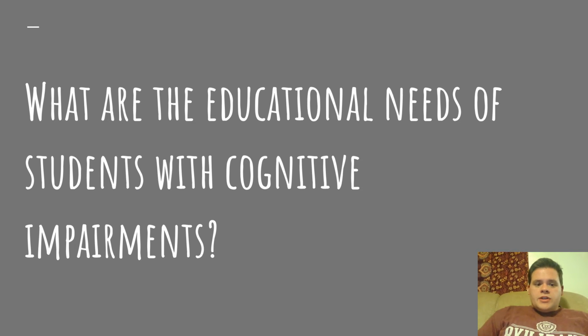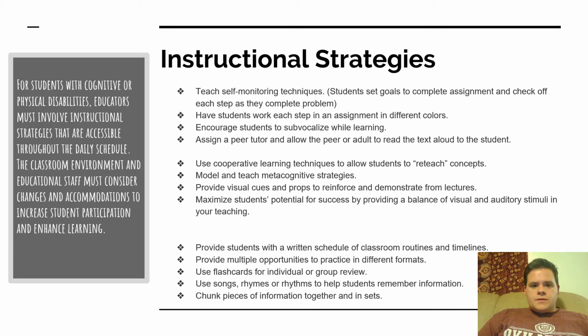What are the educational needs of students with cognitive impairment? There's a lot that you can do to help kids with cognitive impairments, and it's up to you to decide what works best for your students. Some examples of things you can do is help teach them self-monitoring techniques that help them be self-aware of what they're doing and what their tasks are.